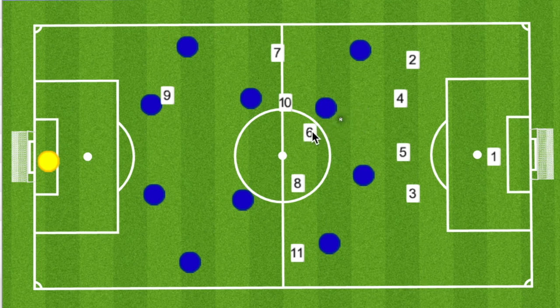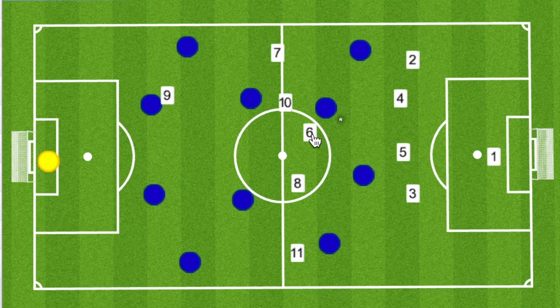Then there's a lot of space that the attackers can take advantage of if the number 6 gets too high up. And after that, you would only have the center backs for safety before getting in a situation where we need our goalkeeper.